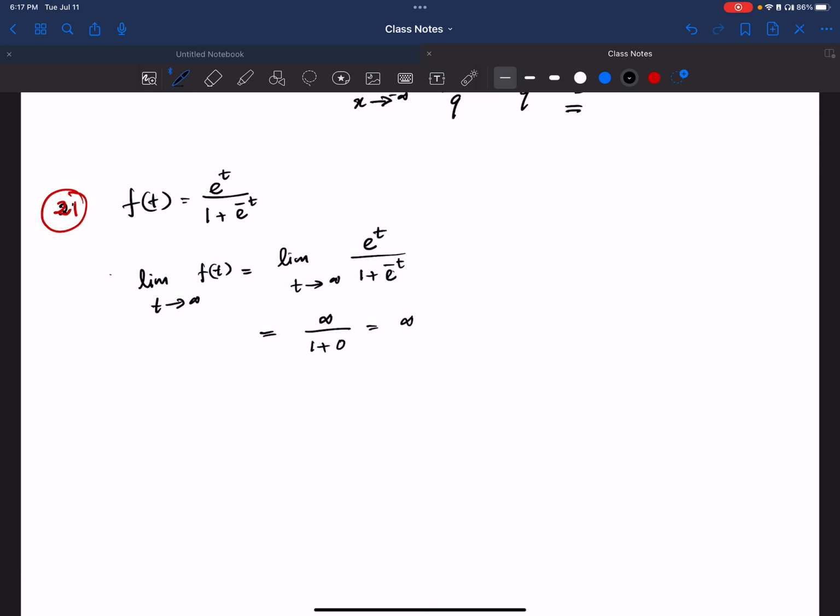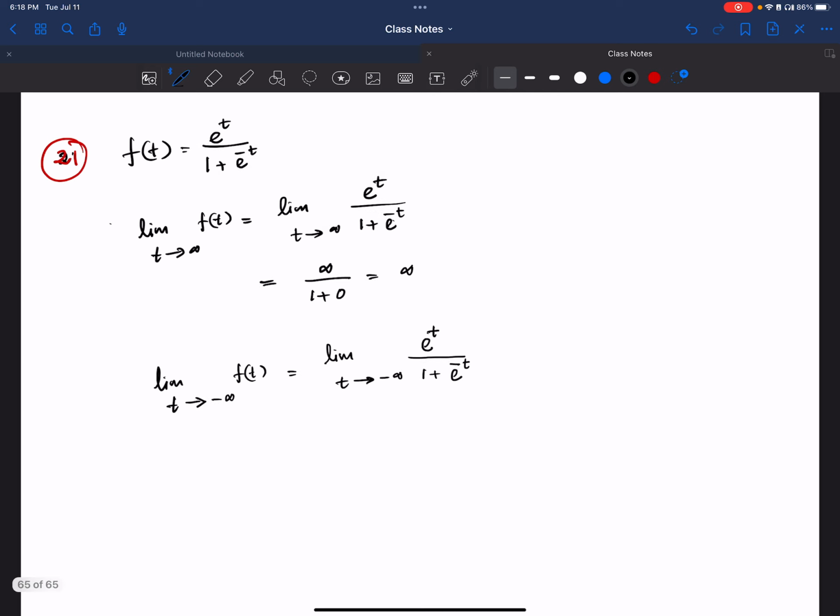And then t goes to negative infinity: f of t equals limit t goes to negative infinity, e to the power t divided by 1 plus e to the power negative t. When it goes to negative infinity, this becomes smaller and smaller, so it's going to be 0.